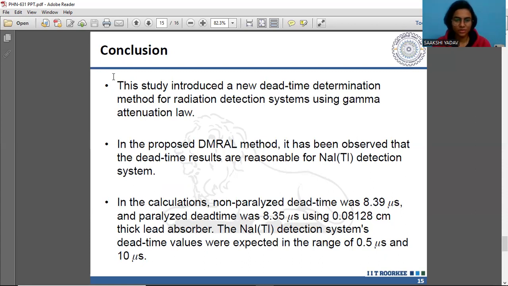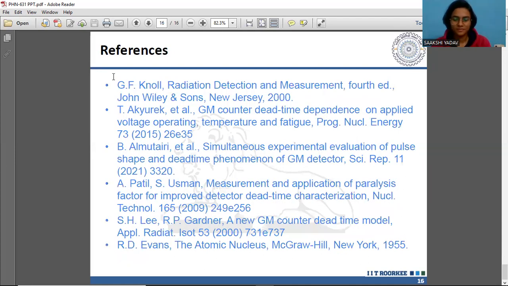In the calculations, the non-paralyzed dead time was 8.39 microseconds and the paralyzed dead time was 8.35 microseconds using a 0.0828 centimeter thick lead absorber. The sodium iodide thallium detection system's dead time values were expected in the range of 0.5 microsecond to 10 microseconds, which shows that our results are like what we expected.